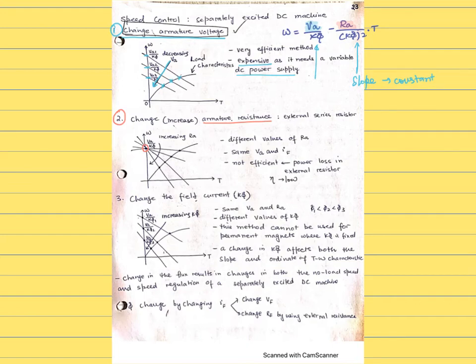Since omega depends on RA in the numerator, as we increase the value, we increase the slope. So this is the smallest slope, and this graph has the largest slope.